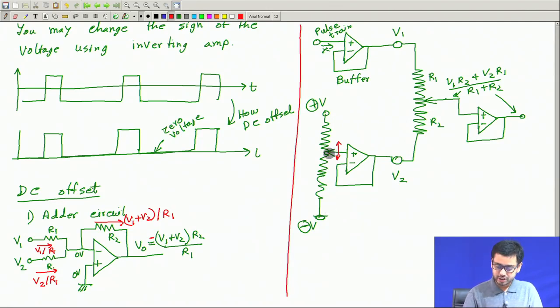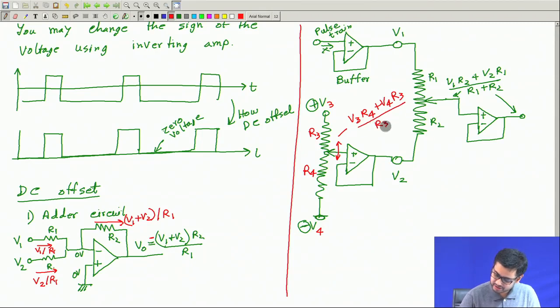And this voltage you can again express with this potential divider rule. Similarly, this multiplied by this resistance plus this multiplied by this divided by the whole resistance. Okay, let me write R3, R4. Let me call this V3, V4. Then this potential is (V3 R4 + V4 R3) / (R3 + R4).